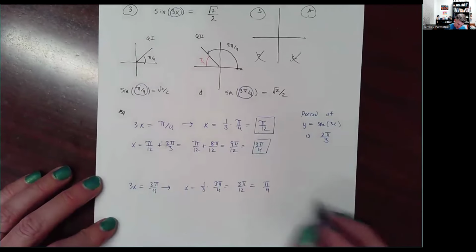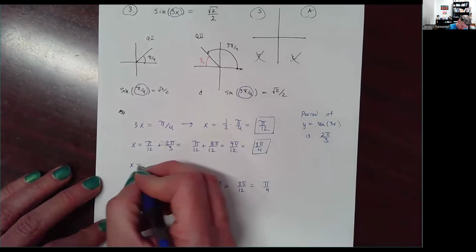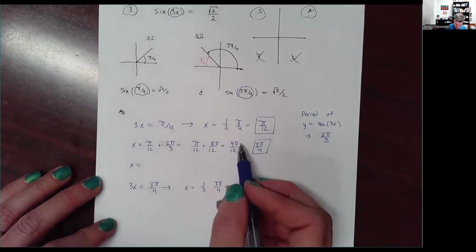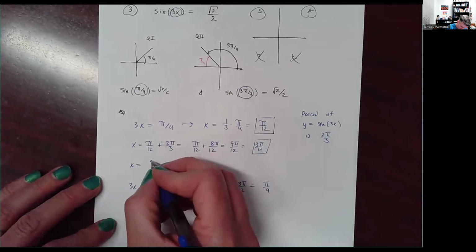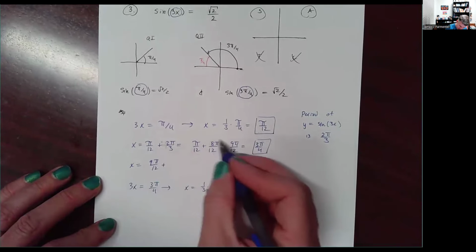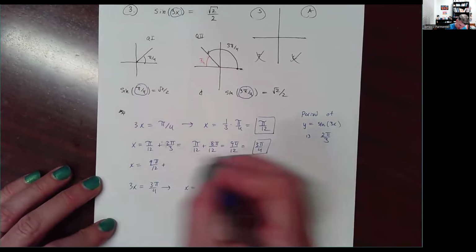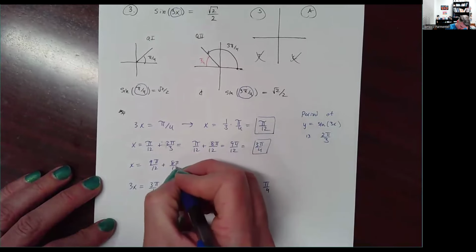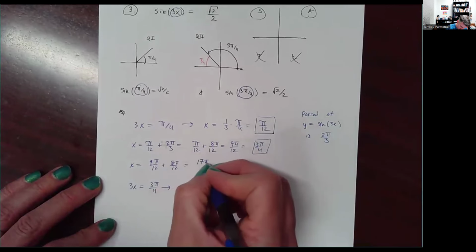We can do it again. We add on another 2 pi over 3, and let's add it on to 9 pi over 12. So another answer is going to be 9 pi over 12 plus another 8 pi over 12, I'm just adding on another 2 pi over 3. I'm going to get 17 pi over 12.